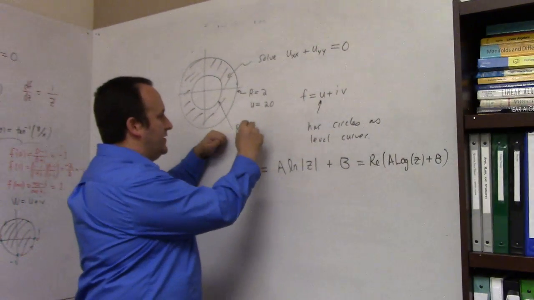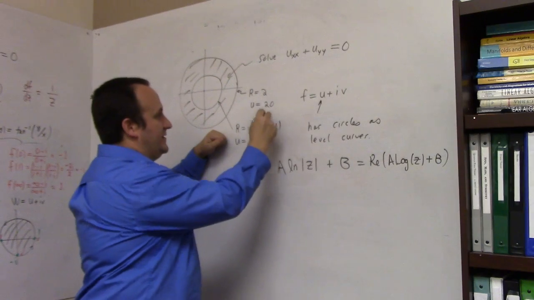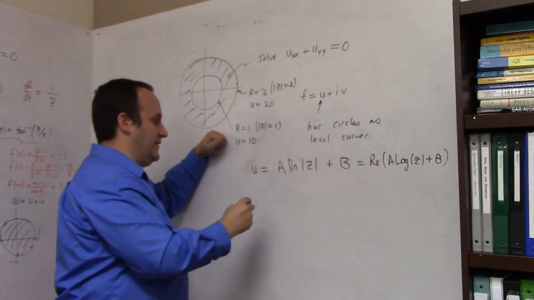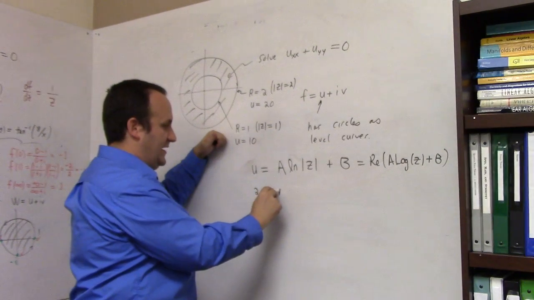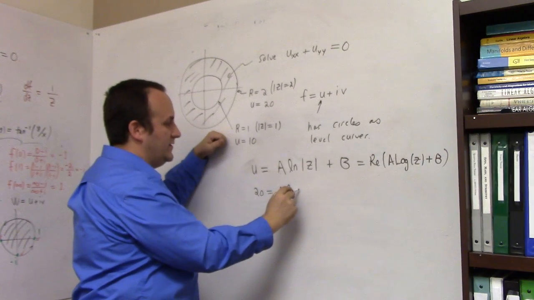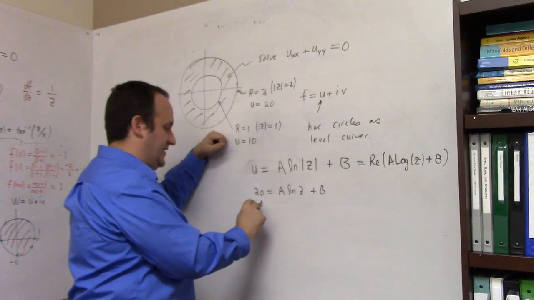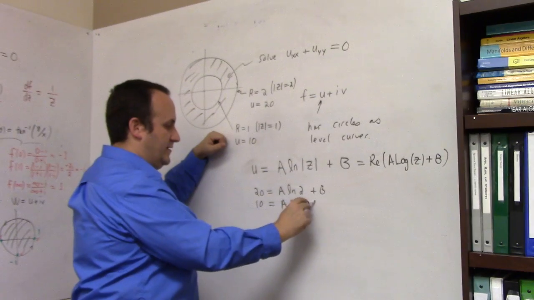Let's see here. So here, r equals 1, that means the modulus of z is equal to 1, right? This one means the modulus of z is equal to 2. So we want 20 equals a times the natural log of 2 plus b, right? And we got 10 is a times the natural log of 1 plus b.